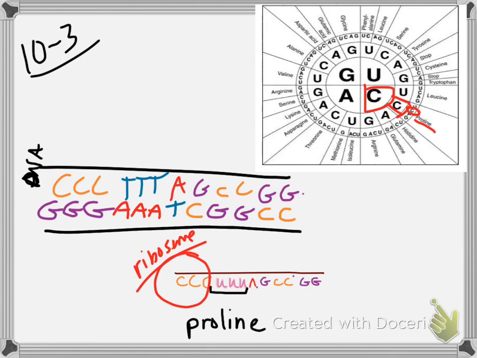And the next chunk is U. What does that get me? Let's see. U gets me phenylalanine. Phenylalanine. It's fun to say.